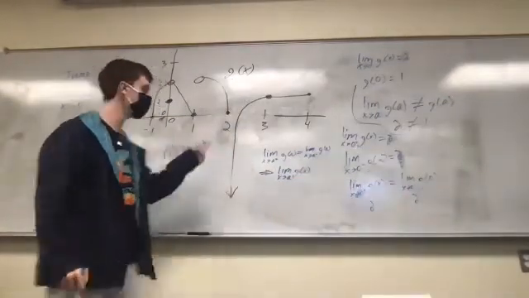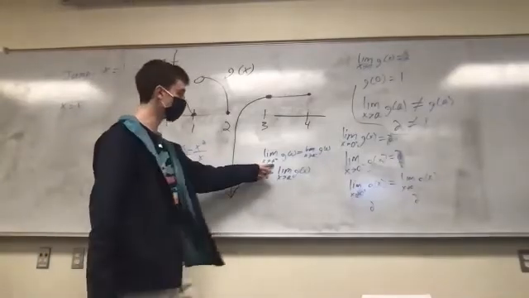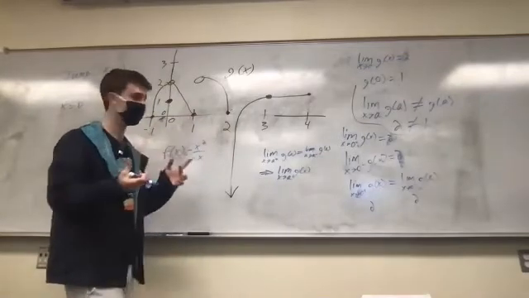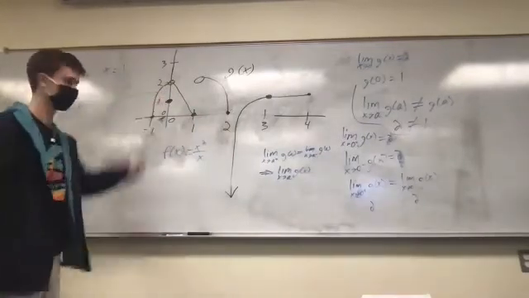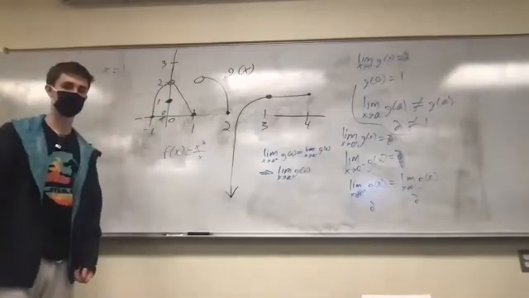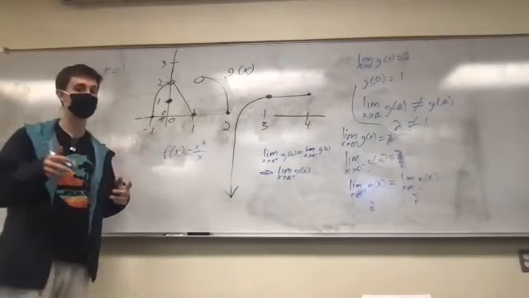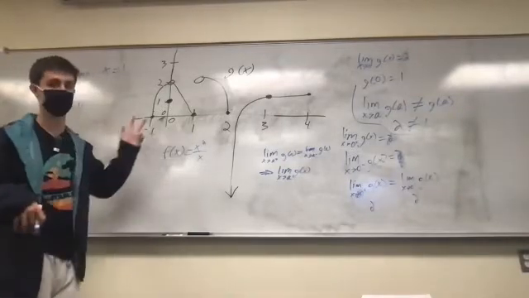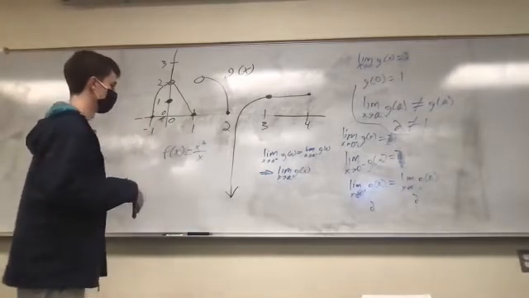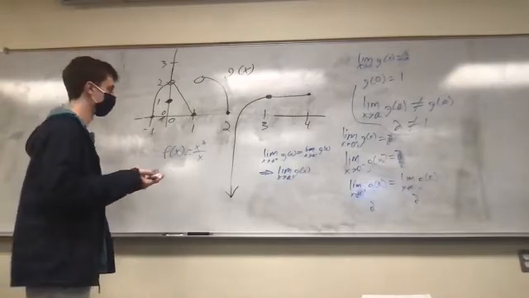So if the limit of a function to a single point from both the left and the right are the same, then we can say that a limit exists at that point, right? But that doesn't mean the function's actually defined at that point. So there's a little caveat. Does that make sense? Do you see that?